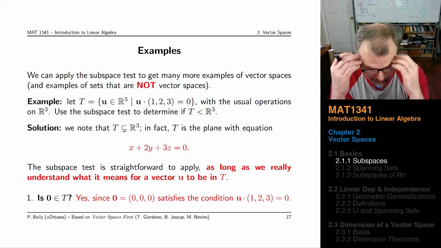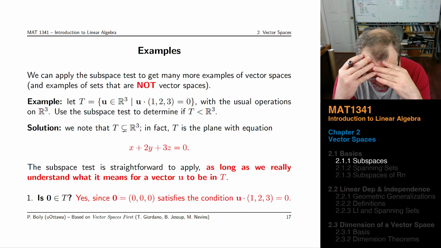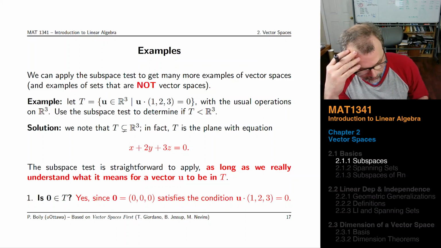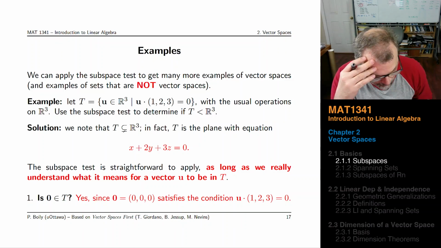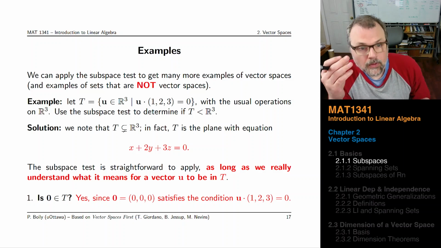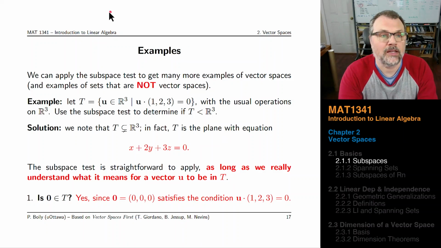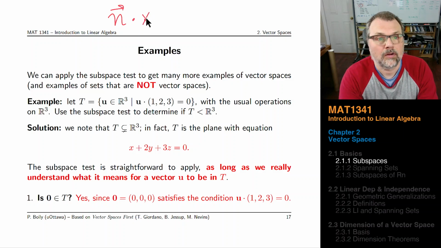Now, the thing about planes in R3 is that they can always be written in the point normal way, right? Any plane in R3 can be written this way.